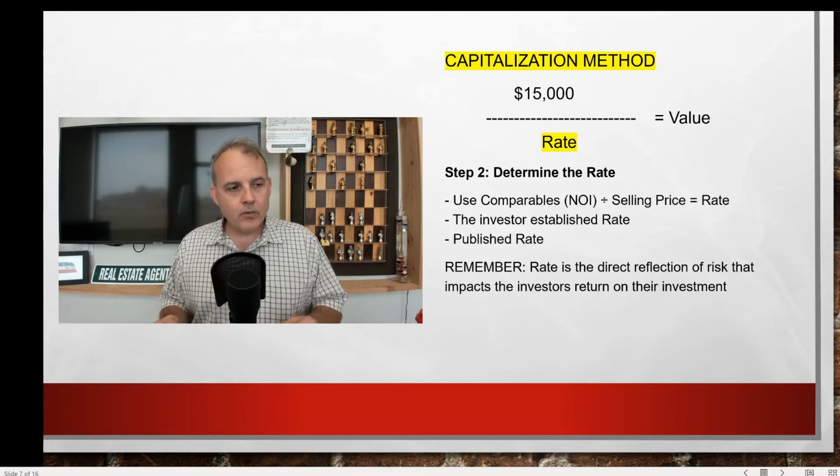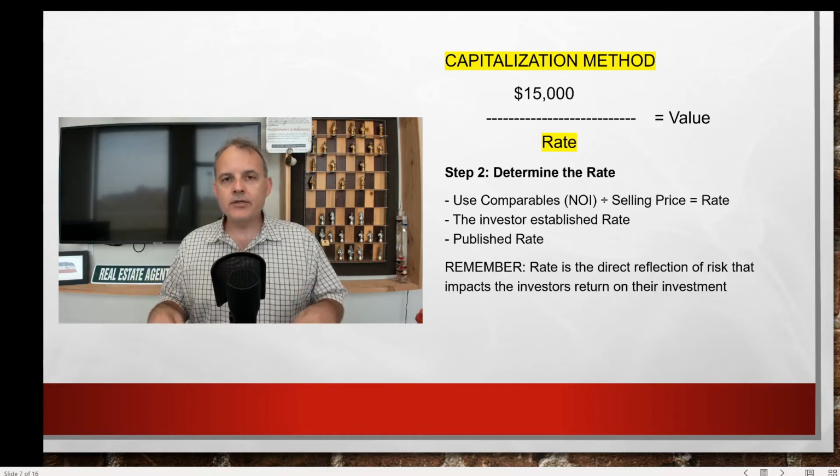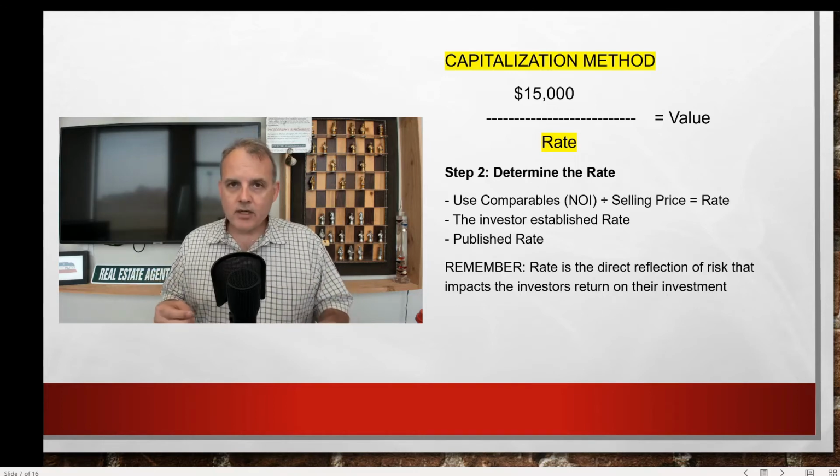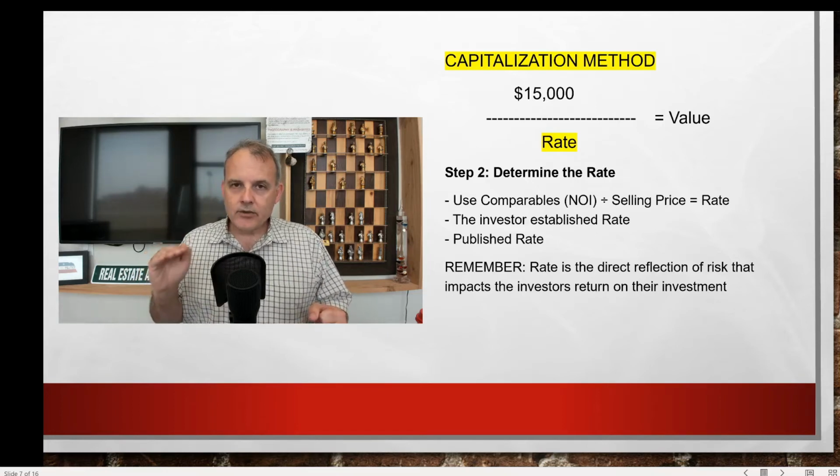The third way to get that cap rate is there are services out there where commercial real estate professionals can become members of, and then regionally they will publish the capitalization rates within a region and also within a genre of business.